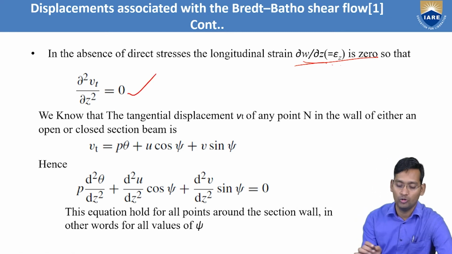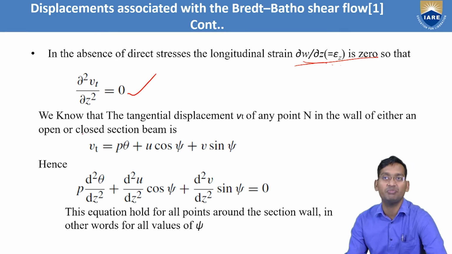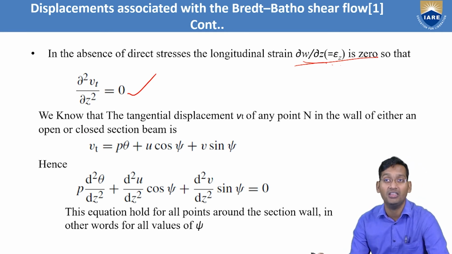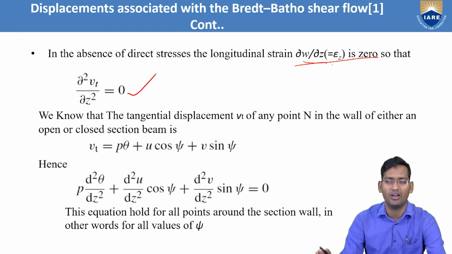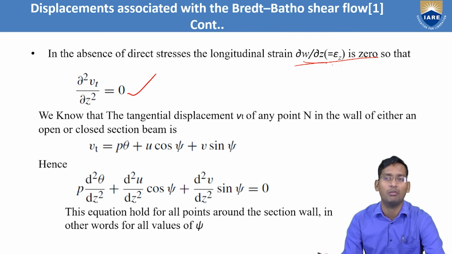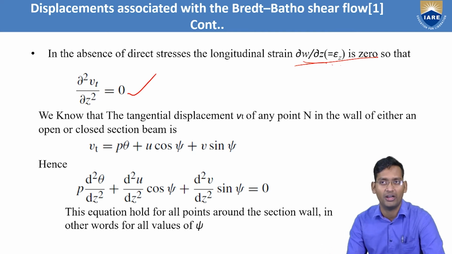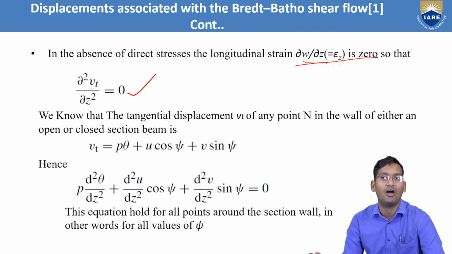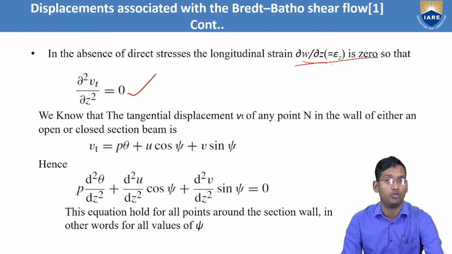Now we know that the tangential displacement Vt at any point, it's not that a fixed point is n, you can take any arbitrary point, instead of n, m also, in the wall of either an open or closed section of the beam.